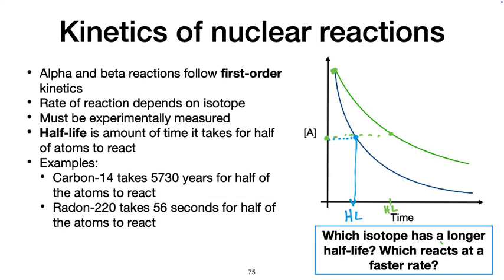Okay. How could we leverage this? Carbon-14 takes 5,730 years for the atoms to decay. Why is this valuable? Well, carbon-14 is constantly produced in our atmosphere. So over time, the concentration of carbon-14 is relatively static. As long as there's carbon-14 coming in, we would expect a static concentration.